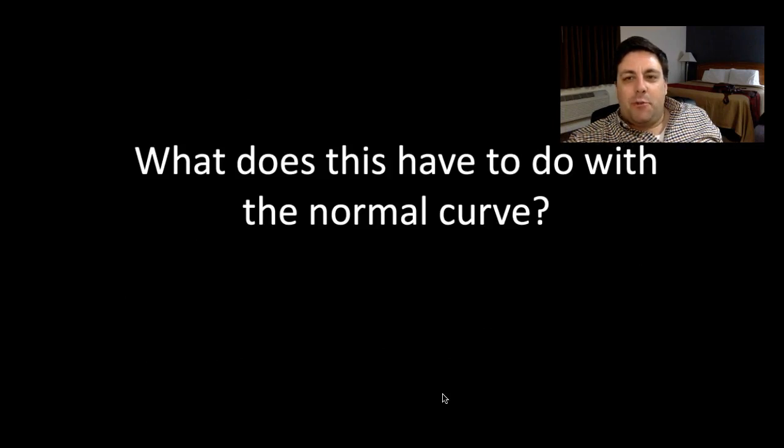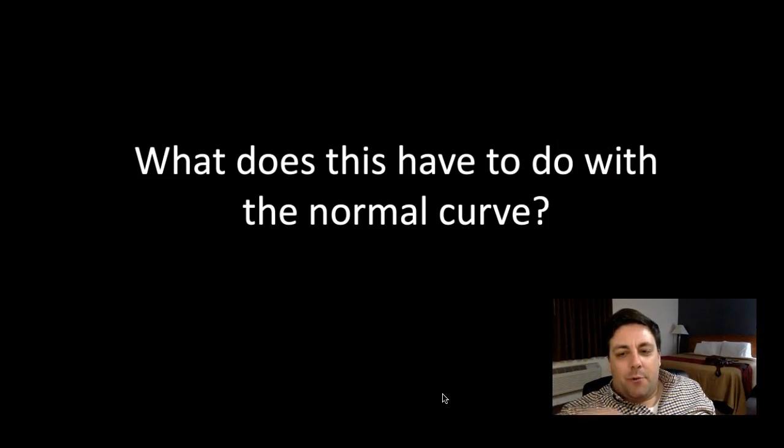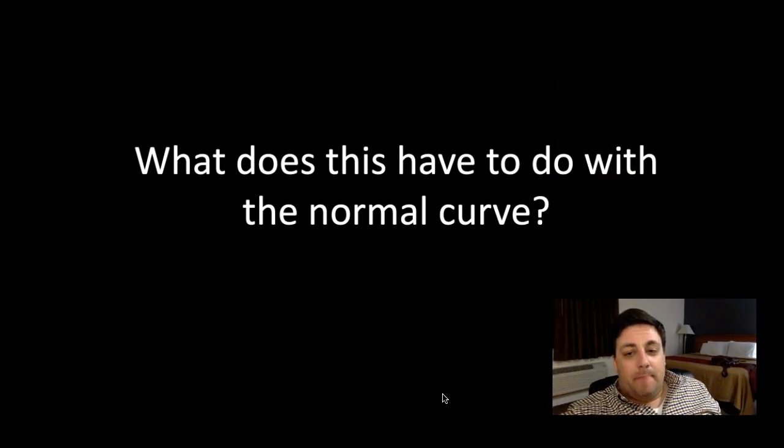So what does all this have to do with the normal curve? Well, p-values and z-scores are actually very similar in their nature. If you remember from a couple of weeks ago, a z-score essentially tells us how far away from the mean a score is. And a p-value essentially does the same thing.